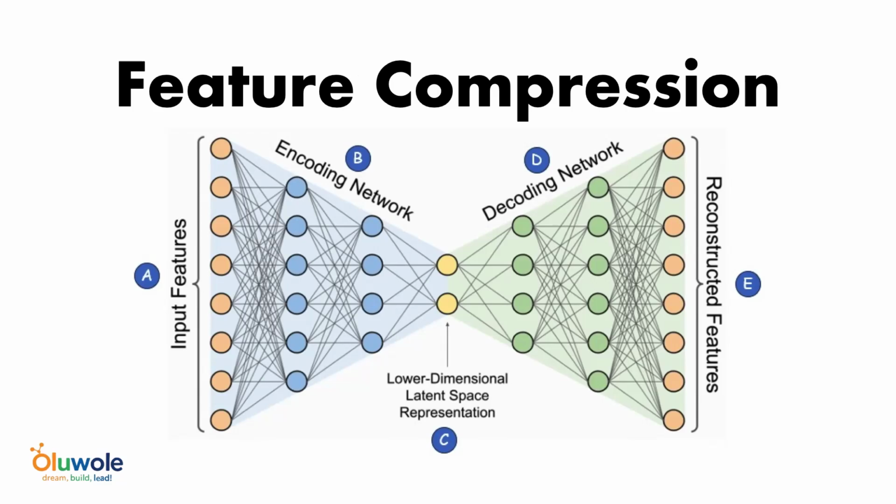Then it reconstructs the feature. So you input your feature, it encodes it, reduces the dimensionality, then decodes it through the network. What we have done is that all correlated features have been compiled into one feature, and uncorrelated ones have been left on their own. It's as simple as that, sir.